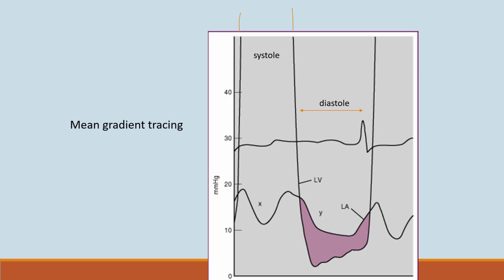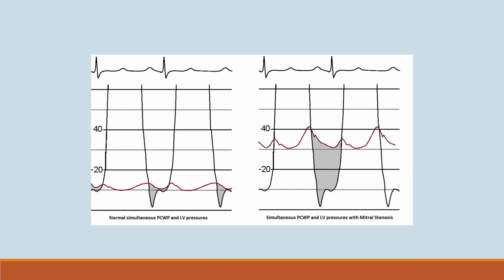What happens in mitral stenosis? As we see on the tracings on the right side, the left atrial pressure has increased significantly. It's now between 30 and 40 millimeters of mercury, okay?